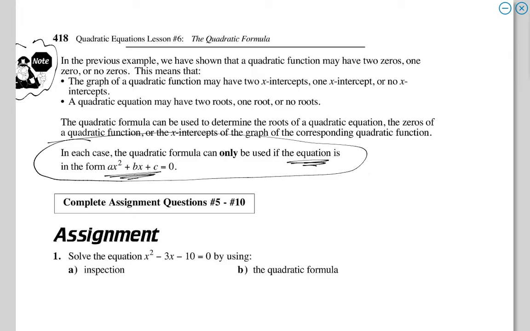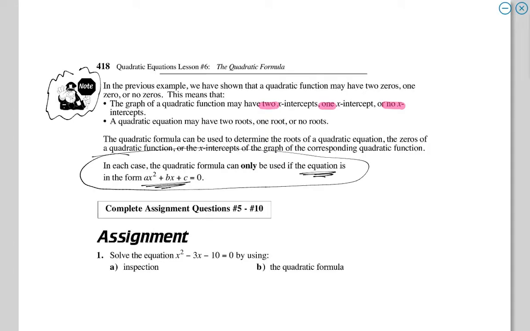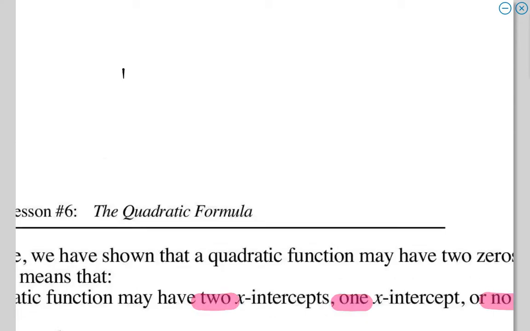One more thing before it's time for work, guys. The graph of a quadratic function may have 2, 1, or no x-intercepts. So how do you know if that's going to be the case? If it's positive, you get 2.